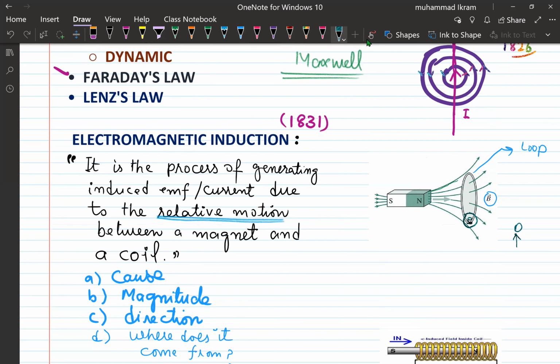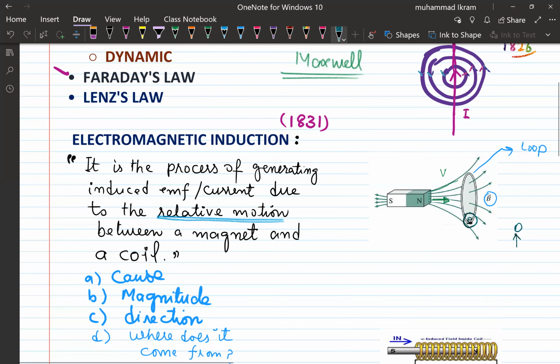Now, what Faraday did: he moved the magnet with a velocity v towards the coil. And a strange thing happens.